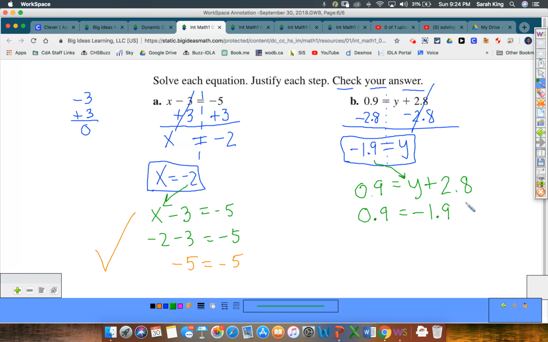I crunch the arithmetic, and it will be a subtraction really between these two. So it's 2.8 minus 1.9, and you do get 0.9 as your final answer. And yes, it checks out. So this is my correct answer. y equals negative 1.9.